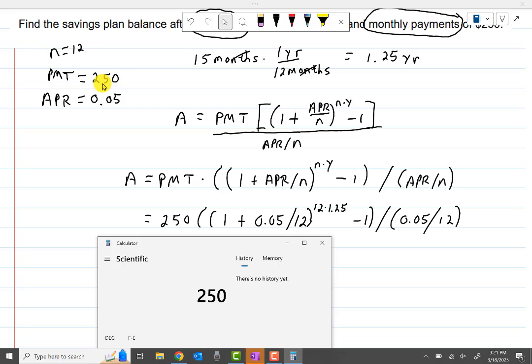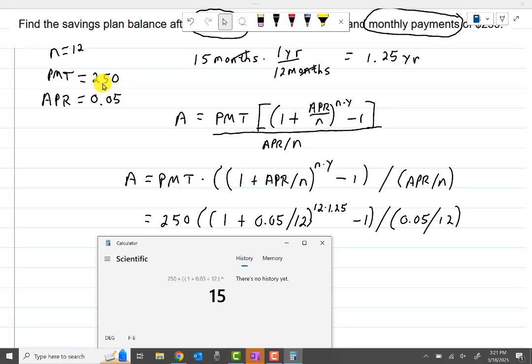250. Then I'm going to start a parenthesis and then a second parenthesis. And then I'm going to do 1 plus 0.05 divided by 12. And let me finish that parenthesis. Now then I'm going to take that to an exponent. Now 12 times 1.25 is 15.